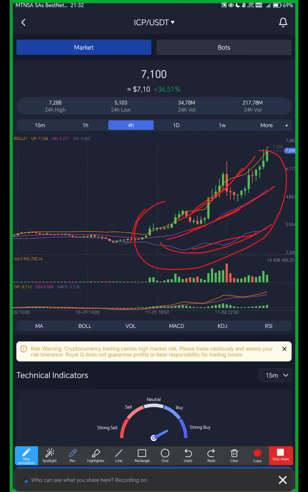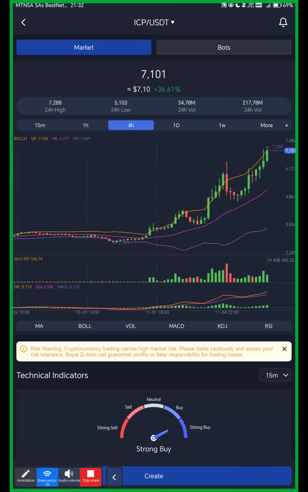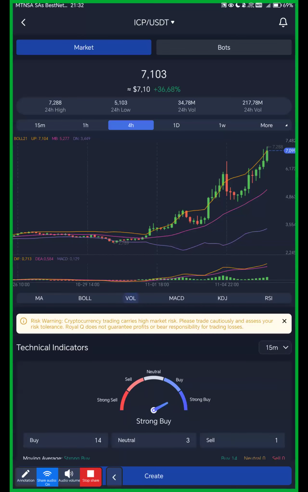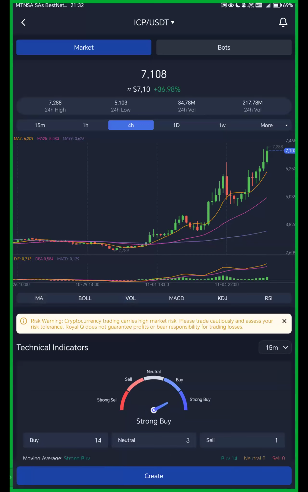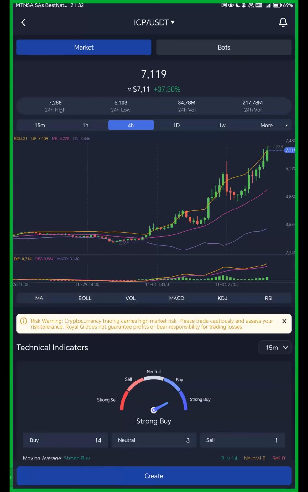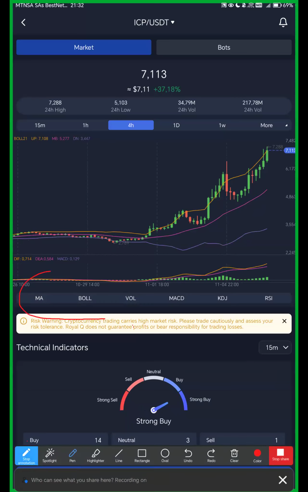We don't use this to enter the market with Royal Q. We also have the volume indicator; when I tap on it, the screen changes, just for you to have a look at what is happening. The colors of the moving averages are more like the Bollinger Bands. So these three indicators are just for you to have an overview of what is happening.